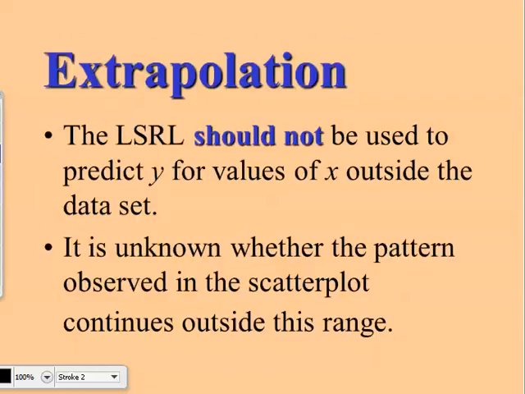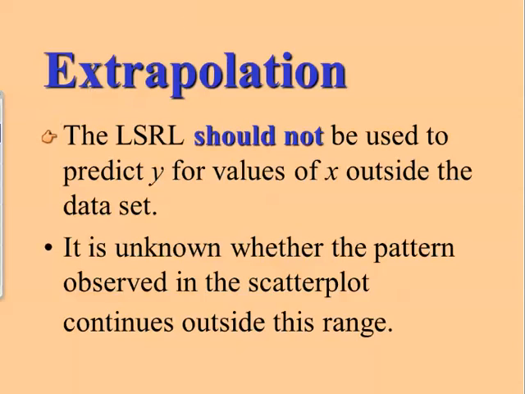Well, you know what? This is called extrapolation. Anytime you're doing extrapolation, the least squares regression line should not be used to predict y values outside of the data set. You don't need to predict something beyond where your data set ends.